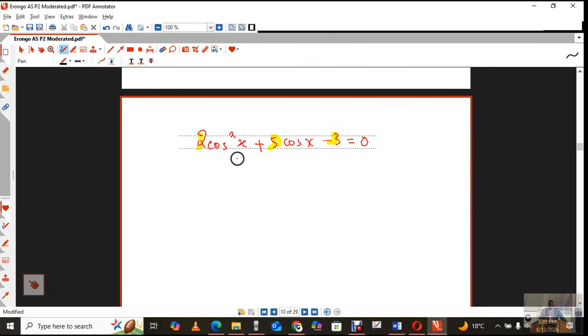We know what A is. We know what B is. So cos of x is equal to, well, minus b, in this case is 5, plus minus the square root of 5 squared. I don't have to put it in brackets because 5 is positive. Minus 4, a is 2, and c is negative 3.